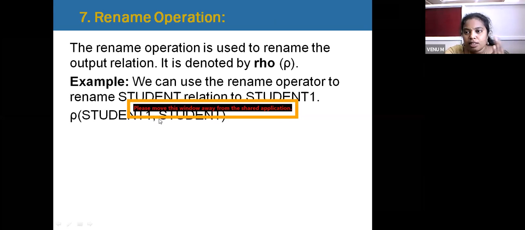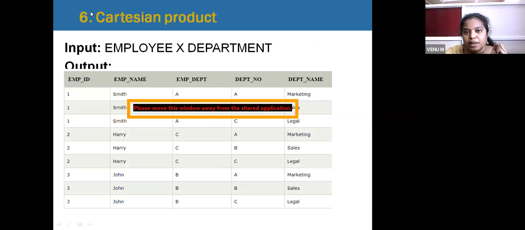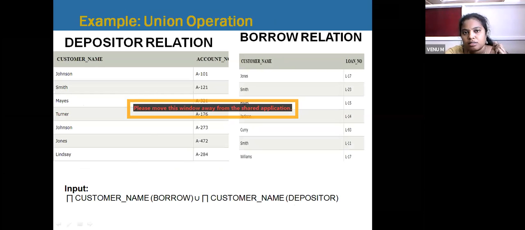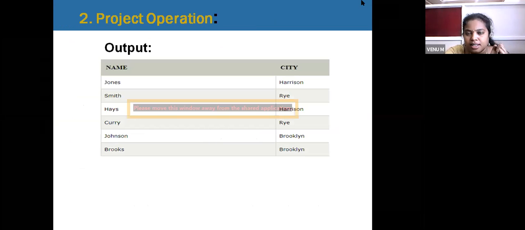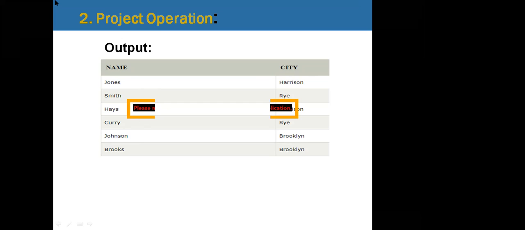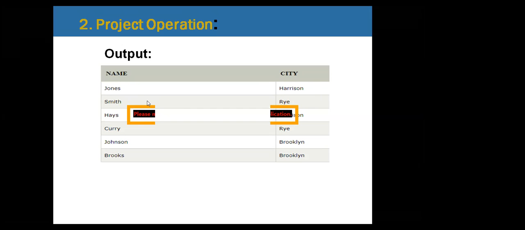Okay, unary operators. Do you understand? Next, we go for binary operations, set operations. Do you understand, everyone? At least one person put it in the chat box. Do you understand or not? Are there any doubts in those operators' outputs? Just give me a reply.